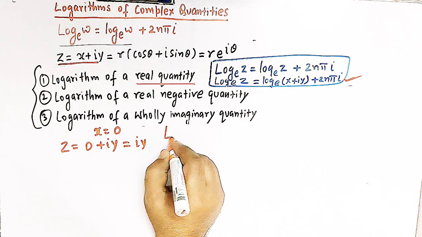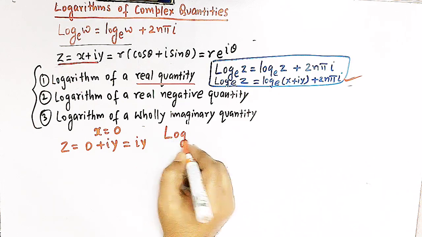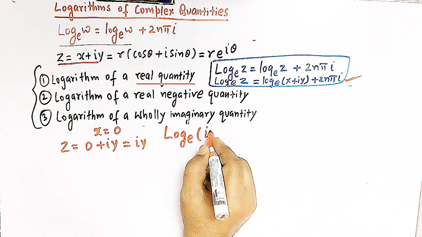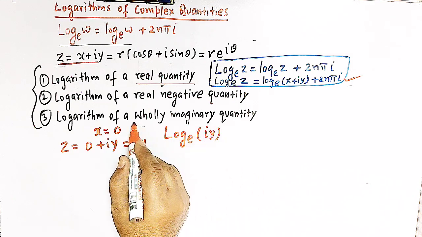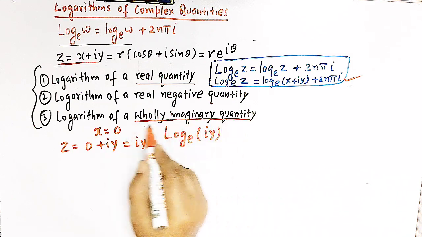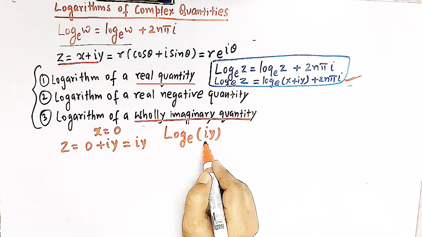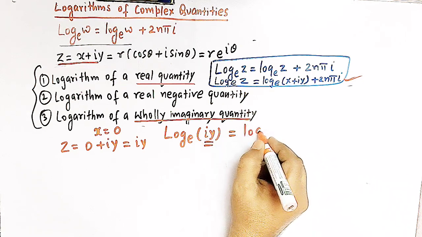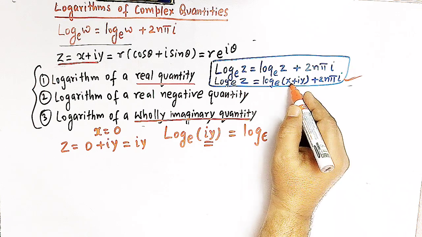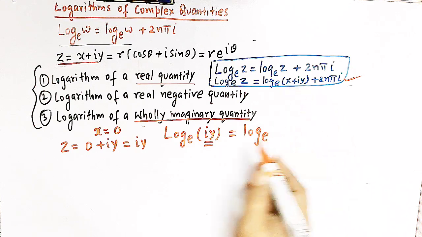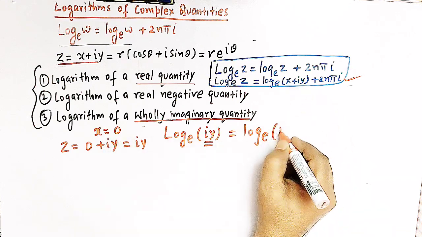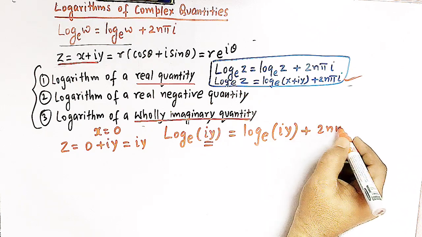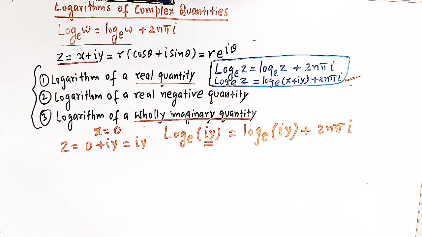So we have the general value of the logarithm of z, that is iota y: log of x plus iota y, so x is 0, so here we have iota y, plus 2n pi I.